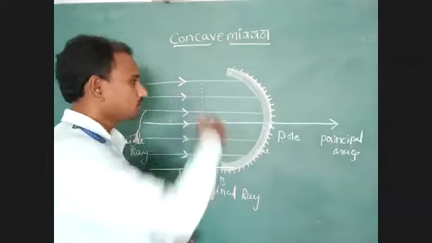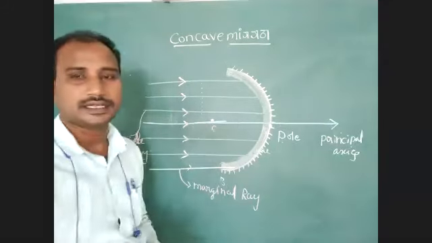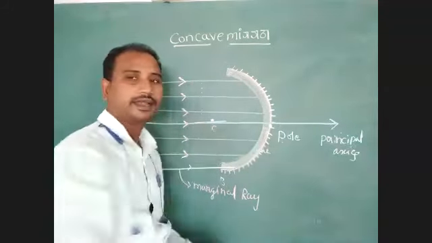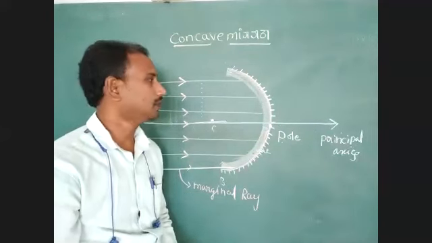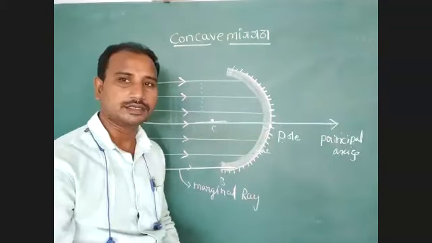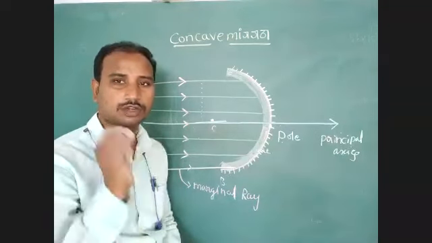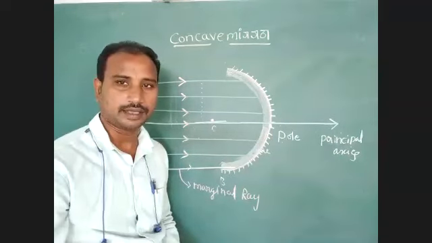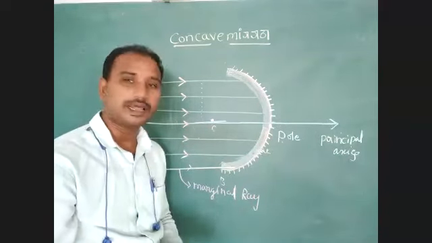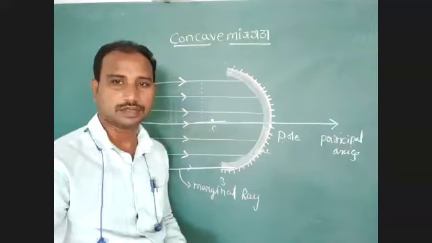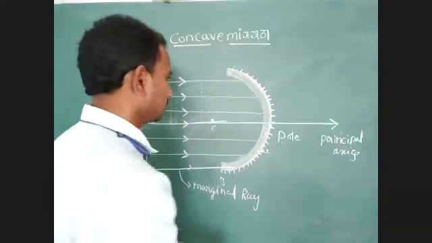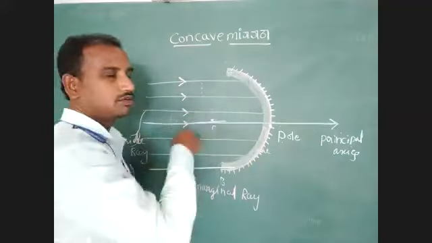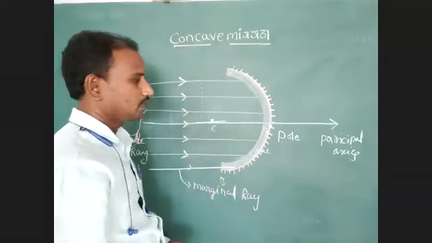Next, all these parallel beams of light rays are incident on the reflecting surface. After that, all the reflected rays intersect at one common point on the principal axis. We have to apply the laws of reflection. So we have to draw the normal for this spherical mirror.